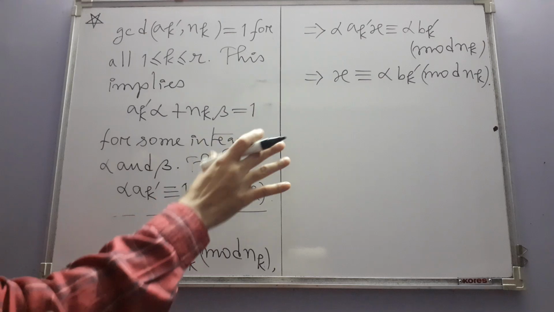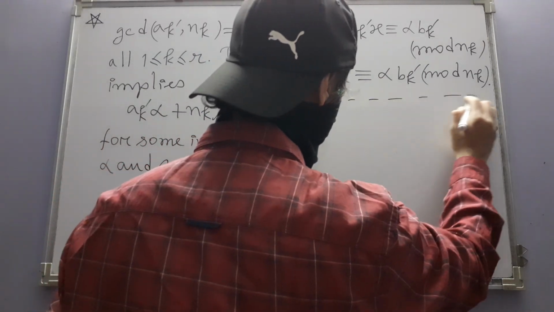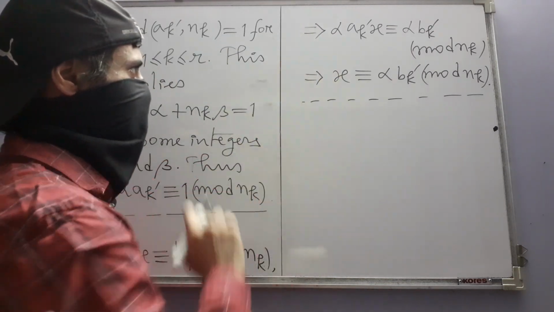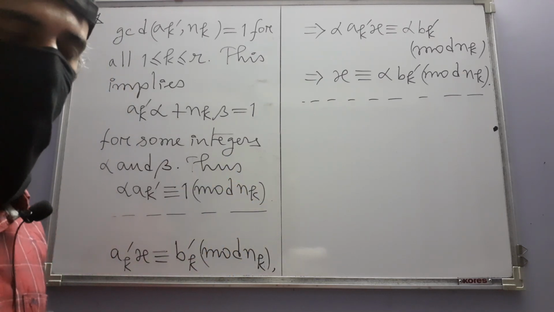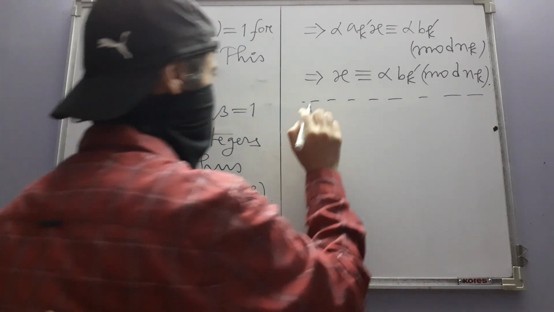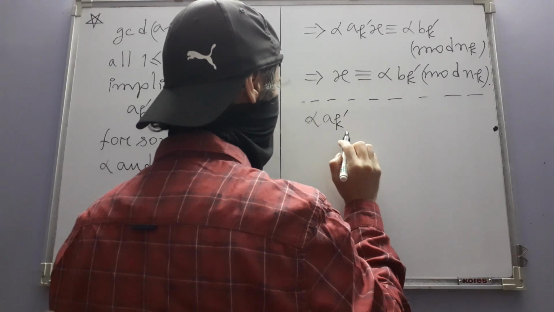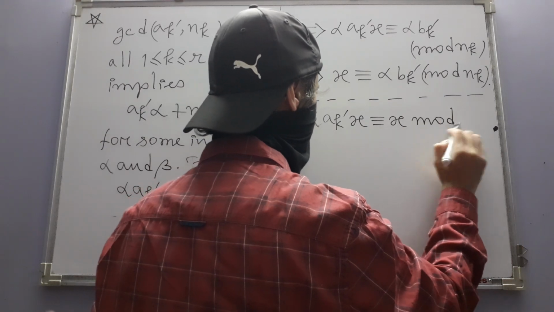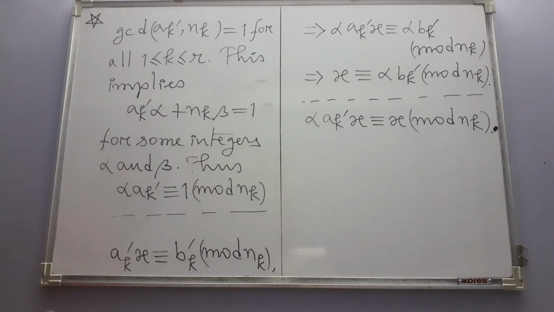This certainly looks a little bit confusing, so you can argue like this. This is actually the argument that lies behind all these things. Whenever we suddenly write something like this, you should always know that we have skipped steps, and those missing steps are this. From this congruence, what do we get? We get alpha AK prime x is congruent to x modulo nk, because you can multiply both sides by the integer x.